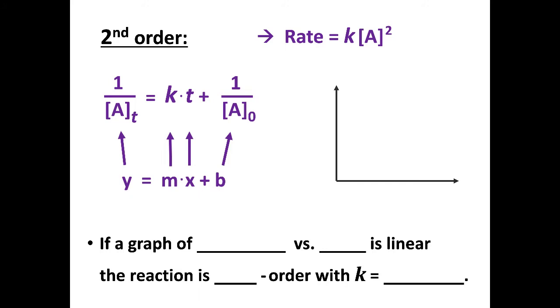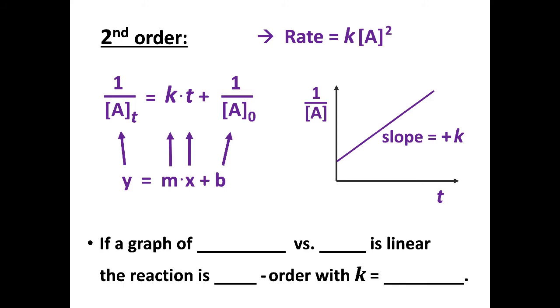So if we know we have a second order rate law, then if we graph 1 over the concentration of A versus time, we'll get a straight line. This time it's sloping positively, and the slope of that straight line will be positive k.